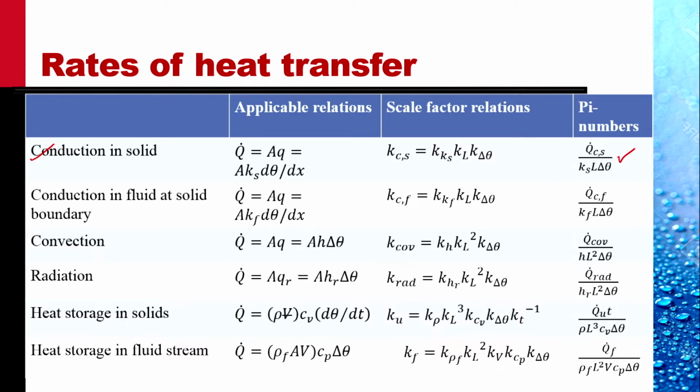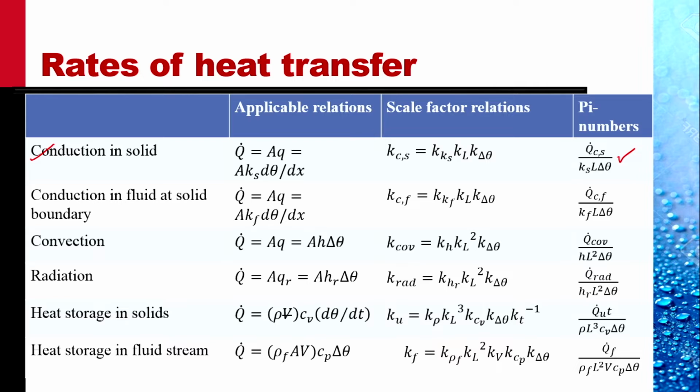Conduction in fluid at solid boundaries. It is within the fluid. At the solid boundary, the heat is transferred through conduction alone because the velocity at the boundary is zero.